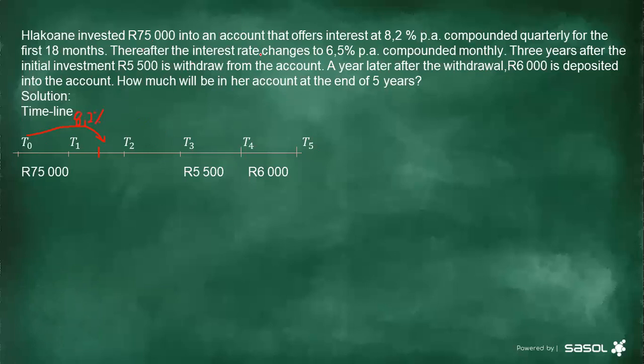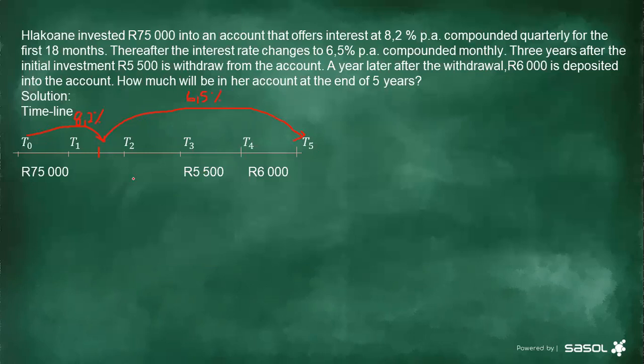And thereafter, the interest rate changes to 6.5% per annum compounded monthly, meaning for the remaining years, the interest is 6.5%.